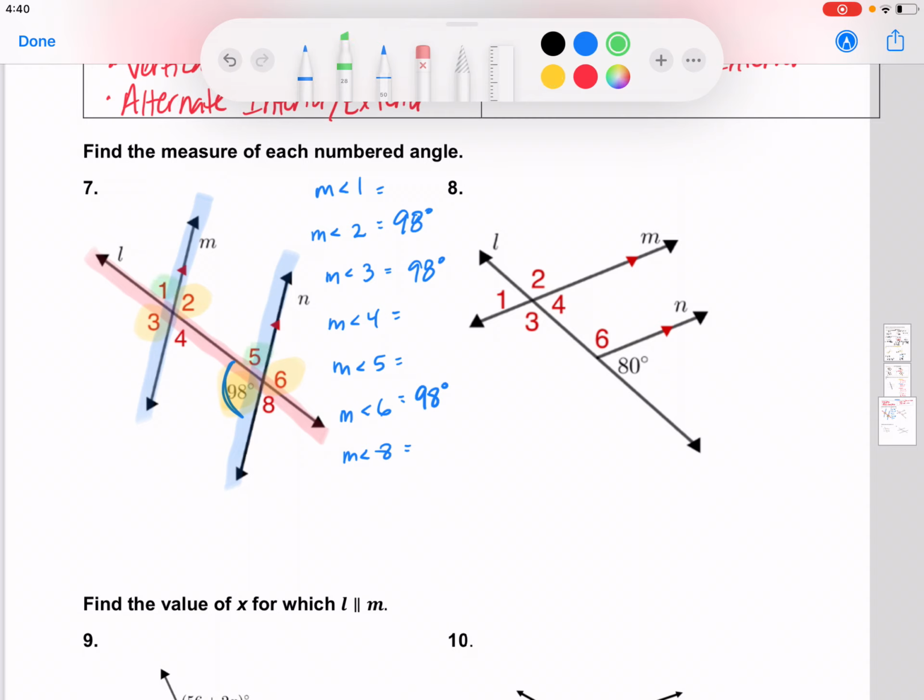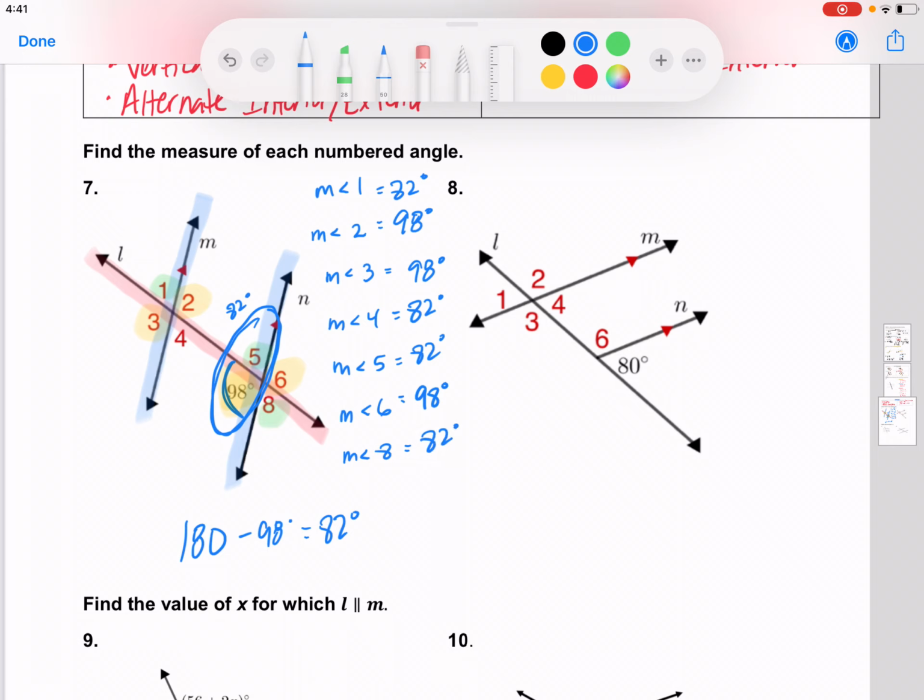They're not as wide. These ones are all the same angle. We find that by looking for a linear pair. This right here forms a linear pair. So to find angle 5, I'm going to subtract 98 from 180 degrees, and I get 82 degrees. So this is going to be 82 degrees right here. That means everything else I have is going to be 82 degrees. I forgot to highlight the 4.